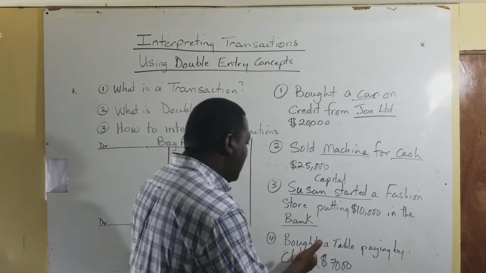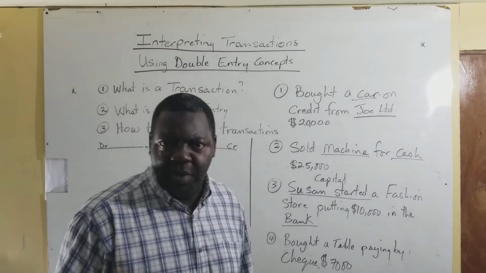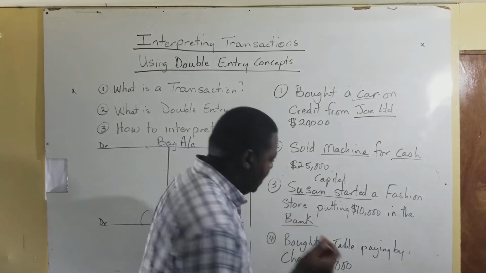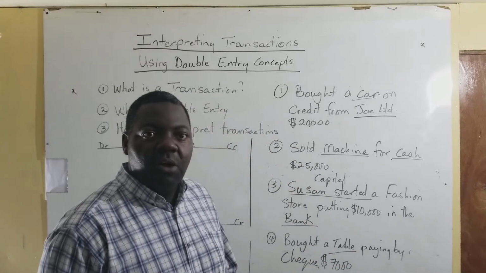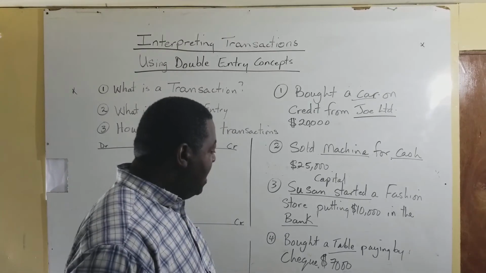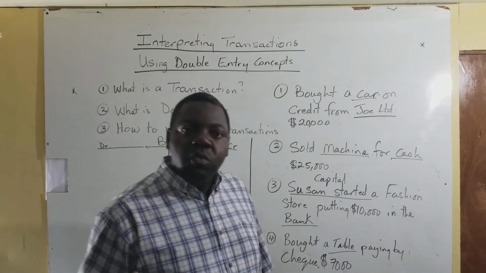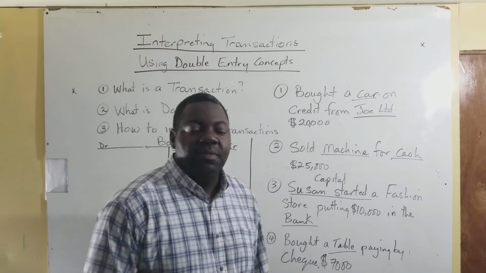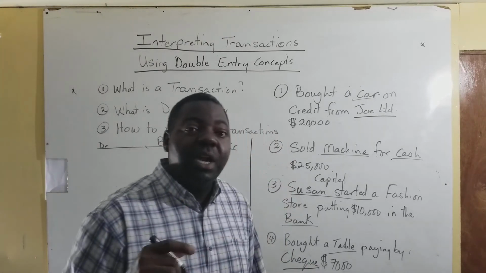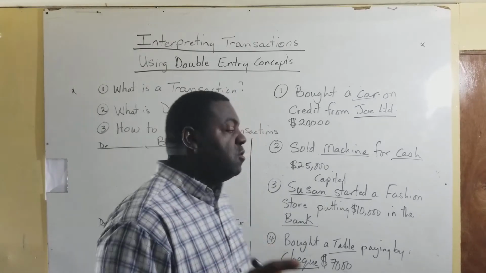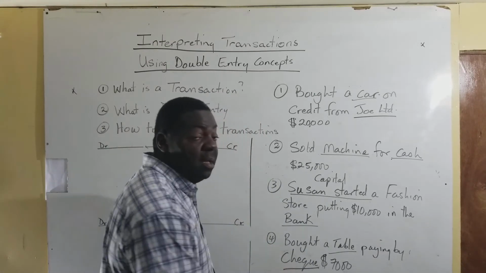Since it says we're buying, we ask, what are we buying? We're buying a table. So that's the first account affected. And what are we using to buy the table? We're using our check. Now, we do not open an account and call it the name check.